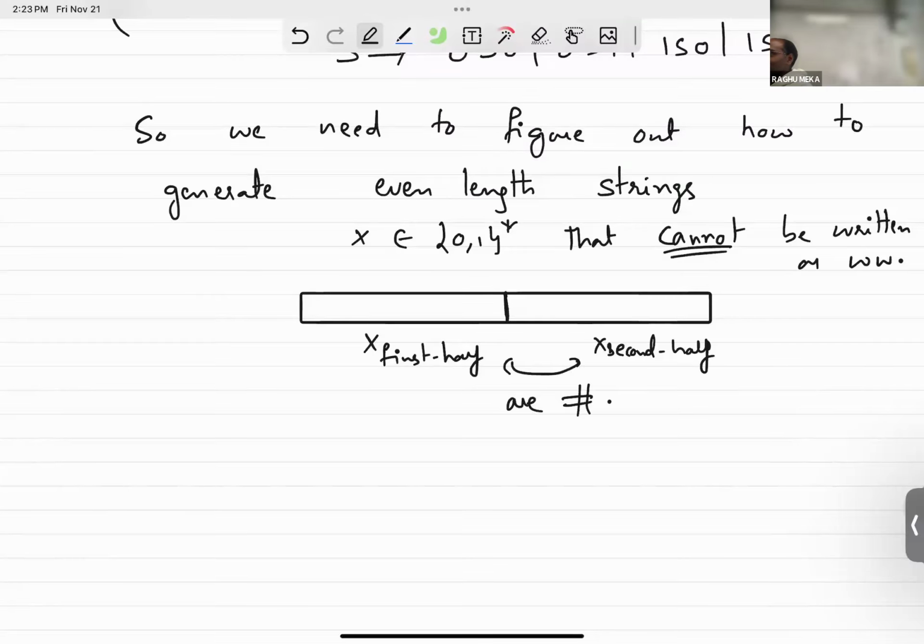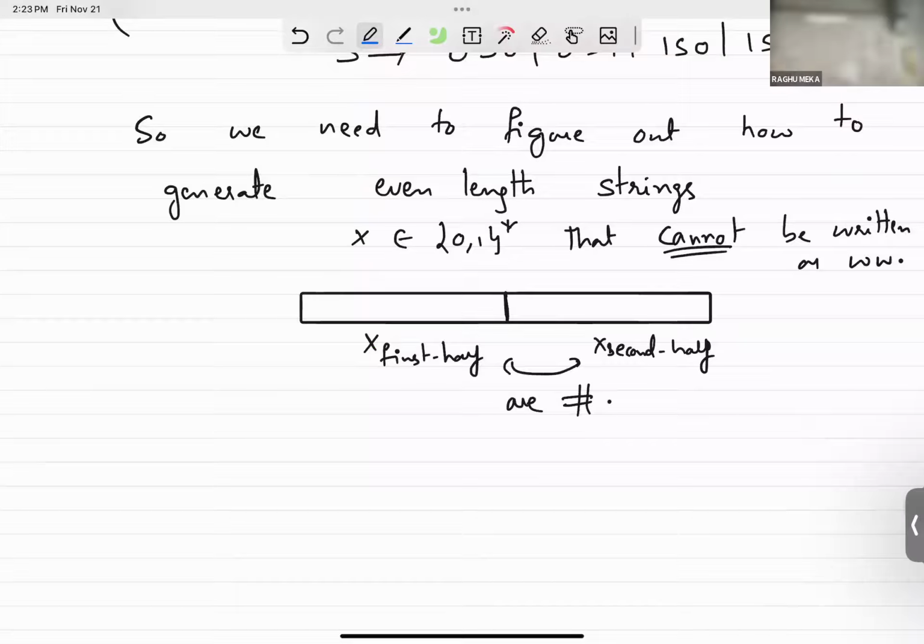Any ideas? Okay. Well, let's think about what it means for these things to be different, right? If they're different, then there is some position where they are different. This is a 1, this is a 0, or vice versa.